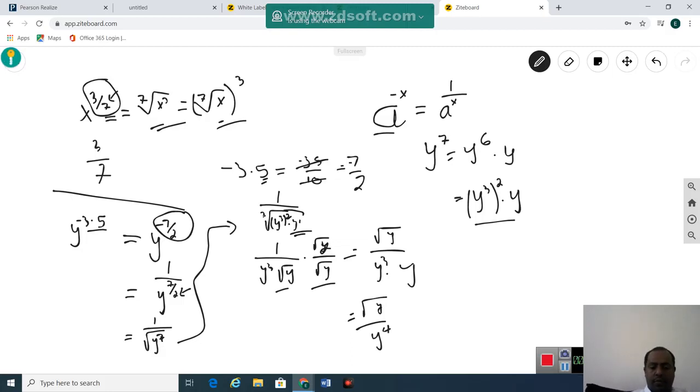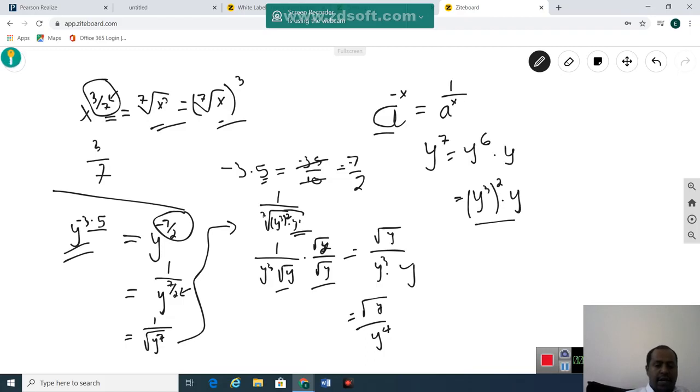So this is problem 2, part B. Let me summarize what I did here. The question is, what is the radical form of y to the power of negative 3.5, or rewrite y to the power of negative 3.5 in radical form. The first thing that I did was change negative 3.5 to a rational expression, which is equivalent to negative 7 over 2.